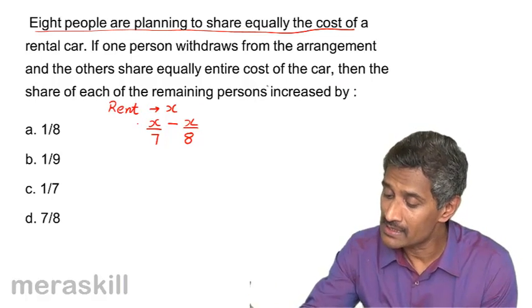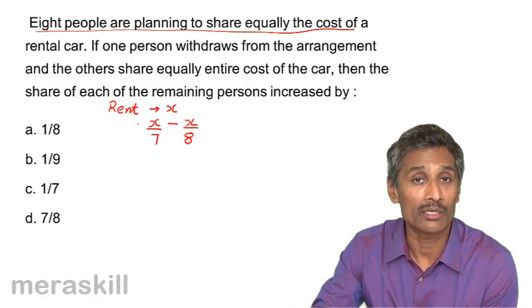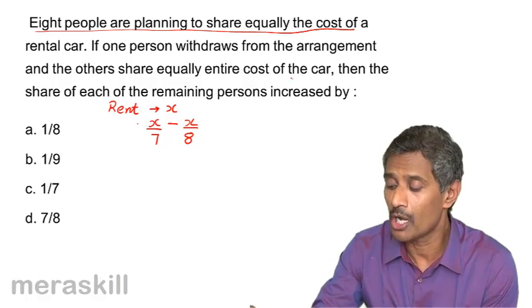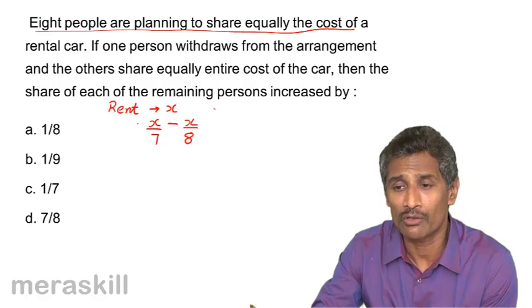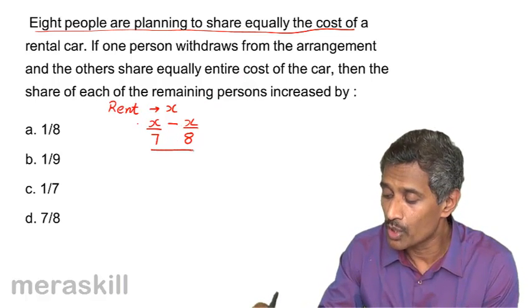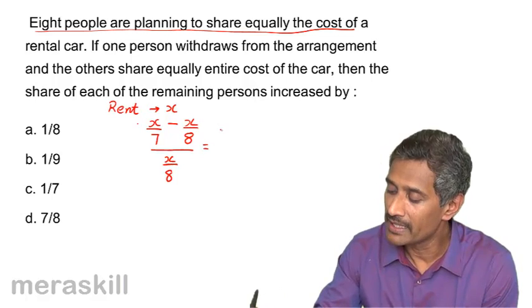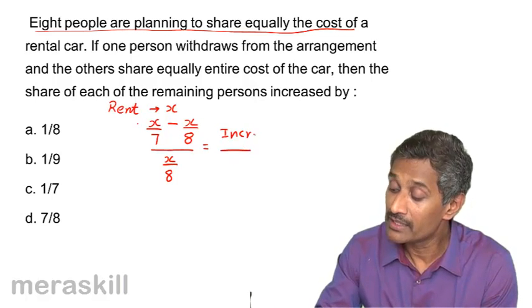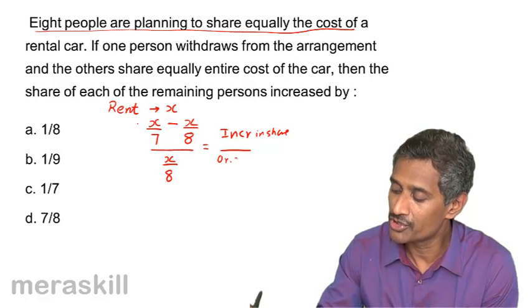But it's asked, the share of each of the remaining persons increases by what? As a ratio, how many times does it increase? Whenever we find it in terms of that, we always compare the increase with the original share, which was x by 8. So in short, it means the increase in share upon the original share.